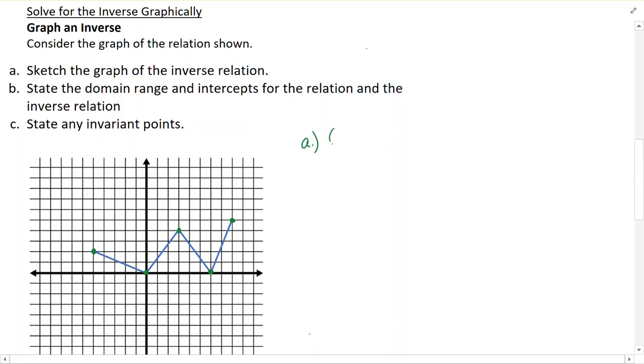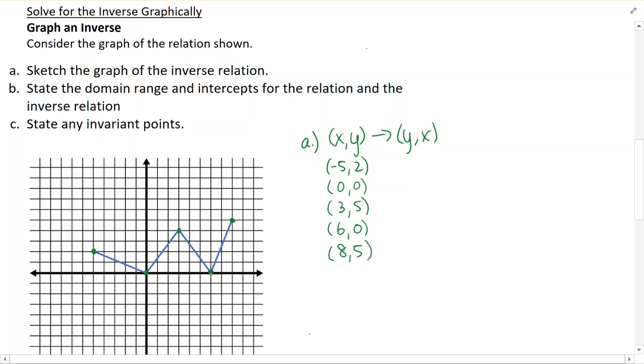So remember, our original points x, y will now become y, x. So the key points here we have are -5, 2, 0, 0, 3, 4, 6, 0, and 8, 5. Oh, sorry, that's 3, 4. I saw the wrong one there.